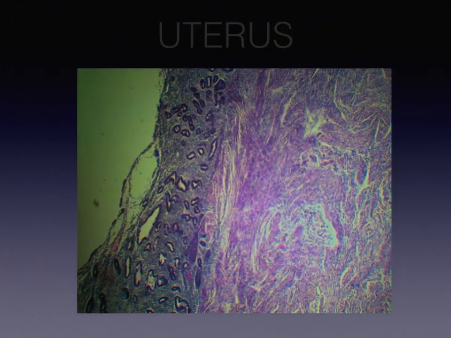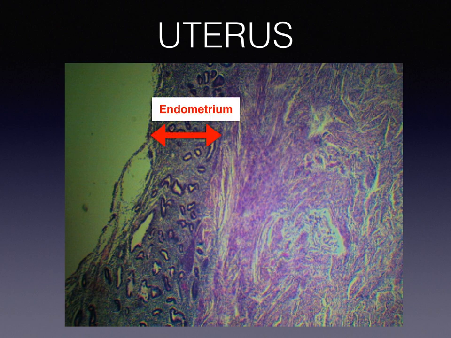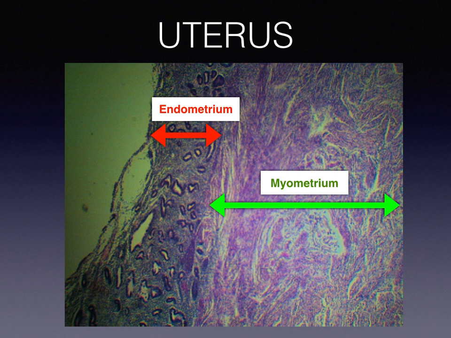Next organ, we have the uterus. Grossly is a hollow muscular organ which is pear-shaped, and it is composed of three layers. We have the endometrium and the myometrium, and outer part is the perimetrium.